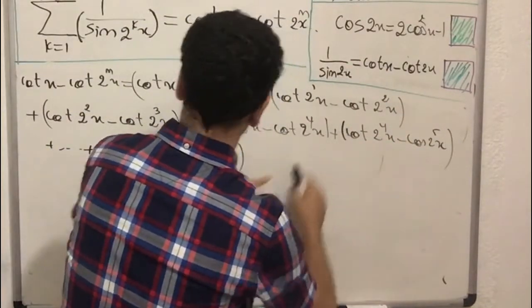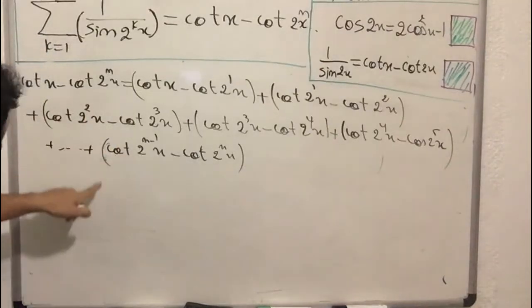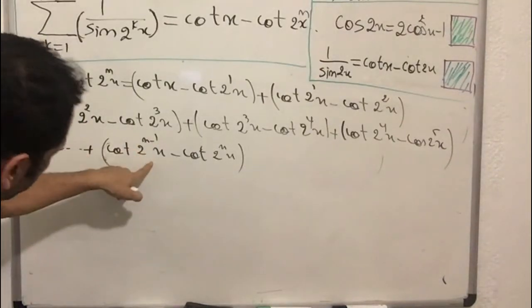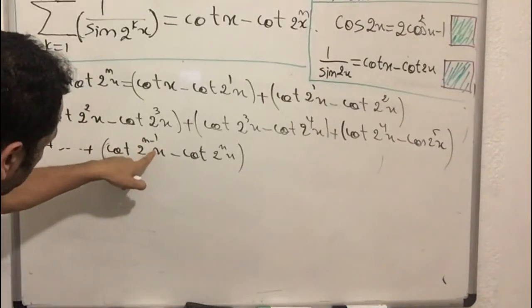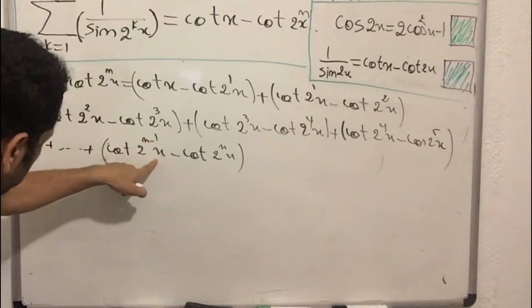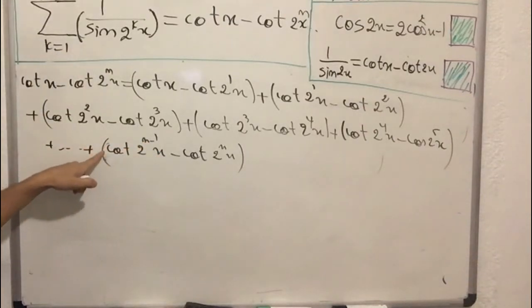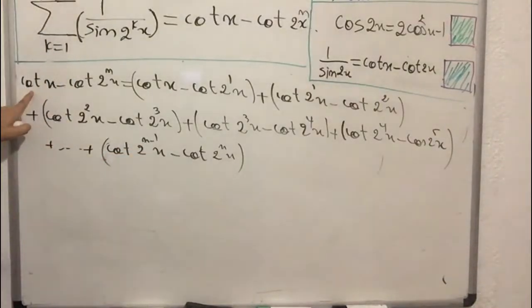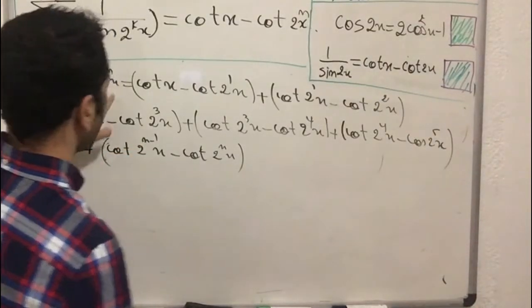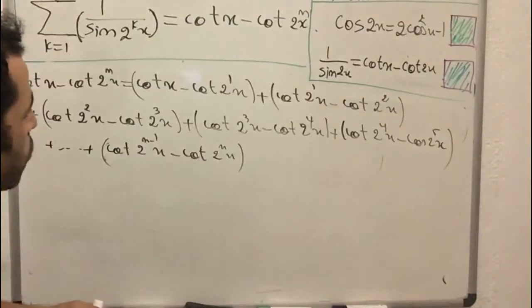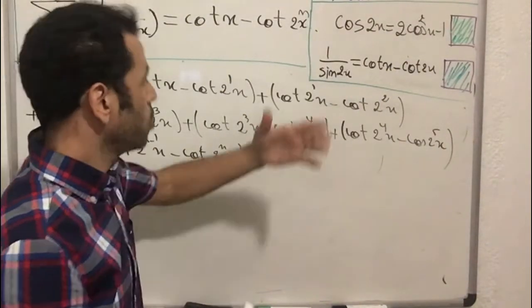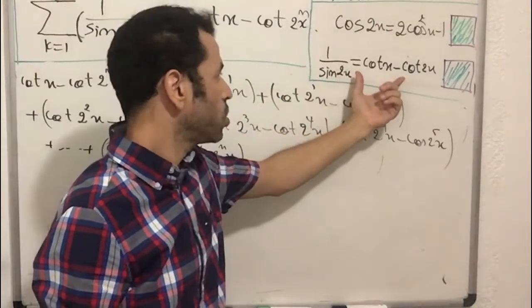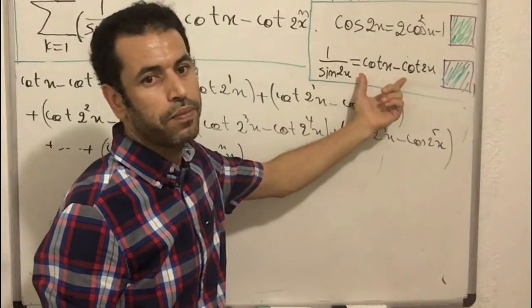The last term, cotangent 2 to the n minus 1 x, will be cancelled out with the term before it. What's left is only cotangent x minus cotangent 2 to the n x, as I did nothing. Why am I writing this in this form? To apply the equation that I have proved before.